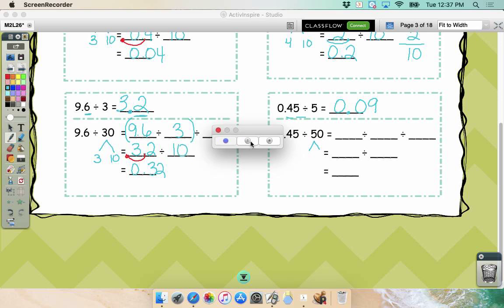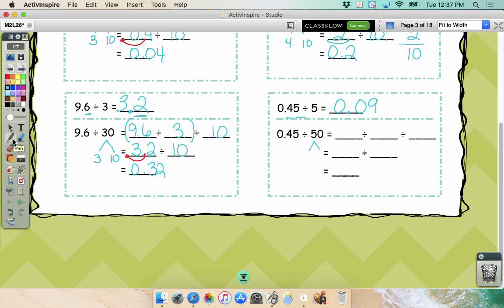All right, let's take a look at it. So how about table 4? Table 4, what did you write on this slide? 0.45 divided by 5 divided by 10. Good. Did you put any parentheses? Now I did. Okay, so that's the part you'll do first, right? Okay, whose turn is it? Table 1.